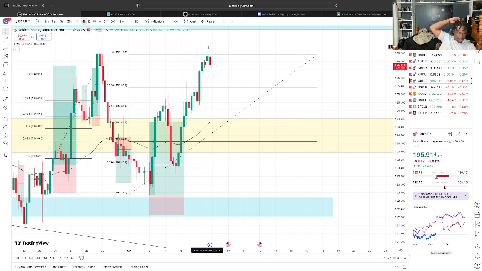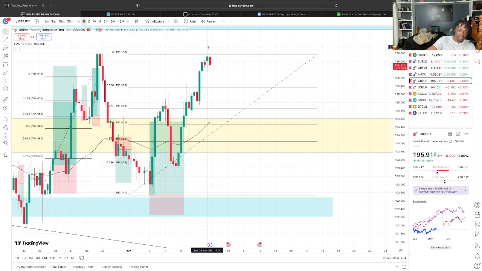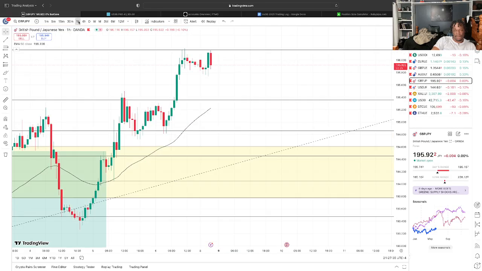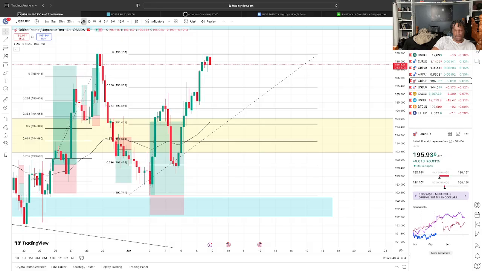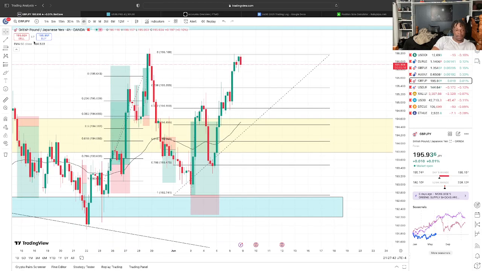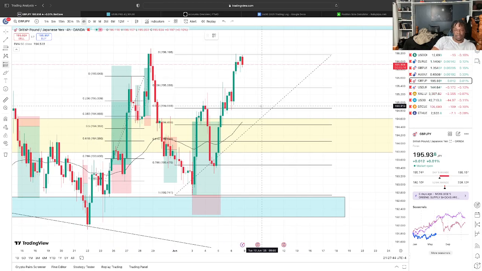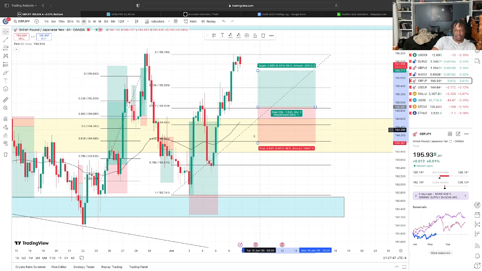Alright, so now price action has created a 38.2% retracement around 194.85. So I would wait for an entry once price action gets to this area here.